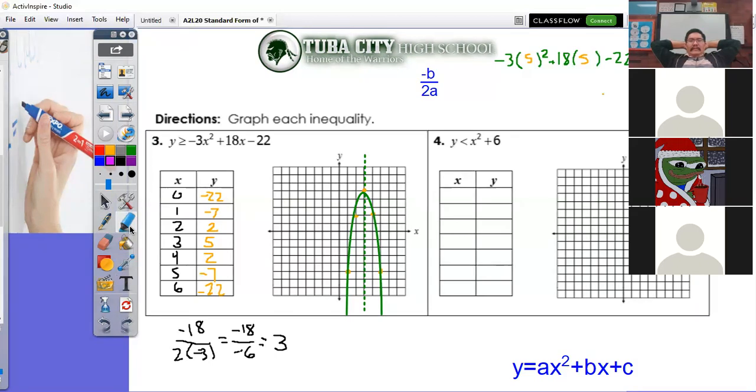And let's go ahead and, okay, so we do need solid lines for this one, so that's right.